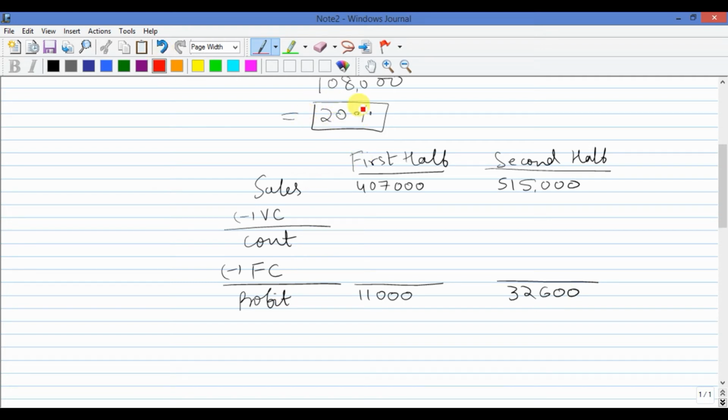And friends, now we have one more thing. We know that 20% is the profit volume ratio. That means on 100 rupees of sales, you earn 20 rupees as contribution.